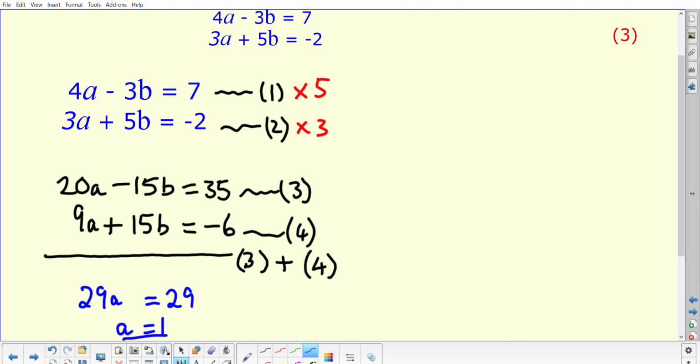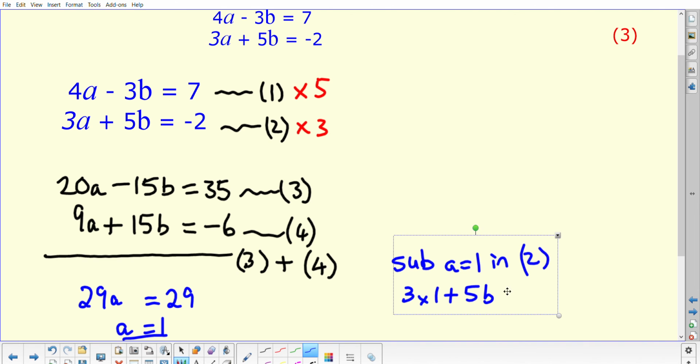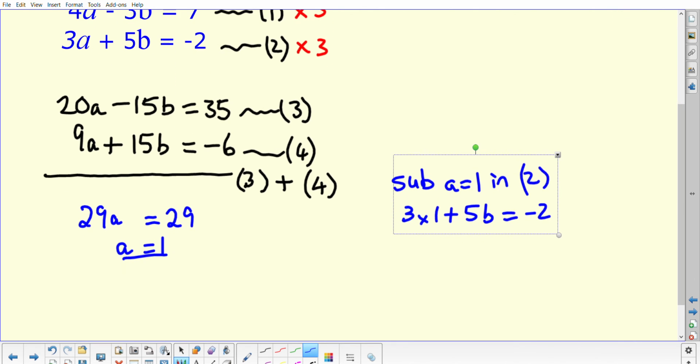You still have to work out your b value, and you can do that by subbing a into either equation 1 or 2. I'm going to sub a equals 1 in equation 2 because it's all positives on the left there. So I get 3 times 1 add 5b equals negative 2. So that's going to give me 3 plus 5b equals negative 2.